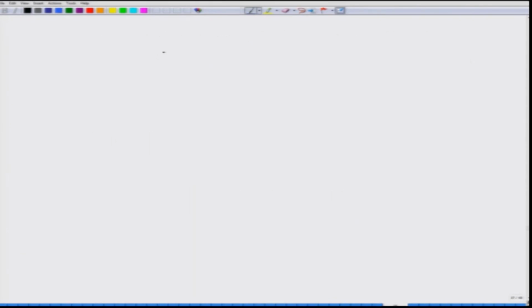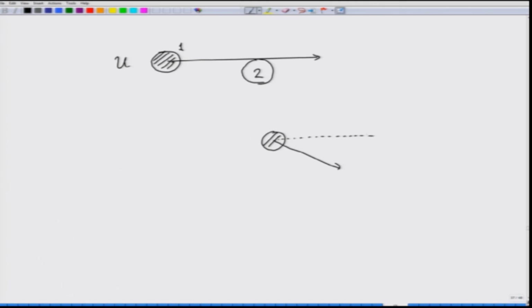So, what we are given is that this ball which was coming in, at some initial velocity, let us say u, collides with another ball which was offline, and after that, let us say this ball, the second ball, let me call this 2, call this 1, it starts moving at this angle, which we already decided is going to be along the line of impulse, and let us call this angle theta 2.